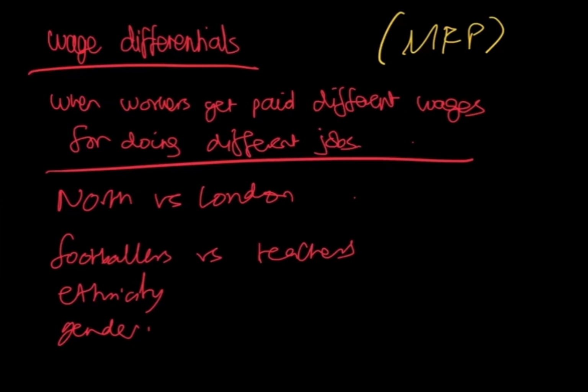Let's say there's a really good teacher at your school, and that teacher is helping every one of their students get an A-star in maths. And because of that, they're going to university and getting good jobs. So they're boosting all of these people's lives, and creating positive externalities for the economy.